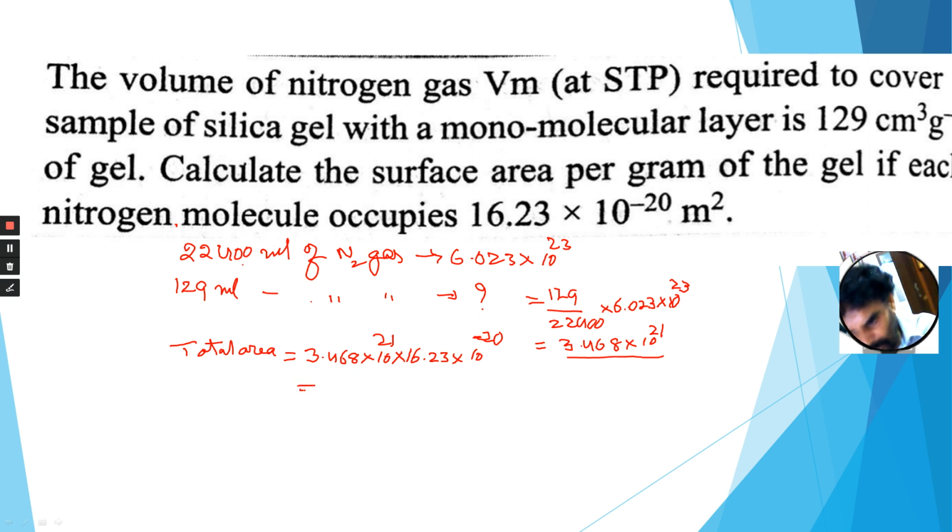This product comes to 561.8 m². This is the area covered by the 129 cc of nitrogen molecules.